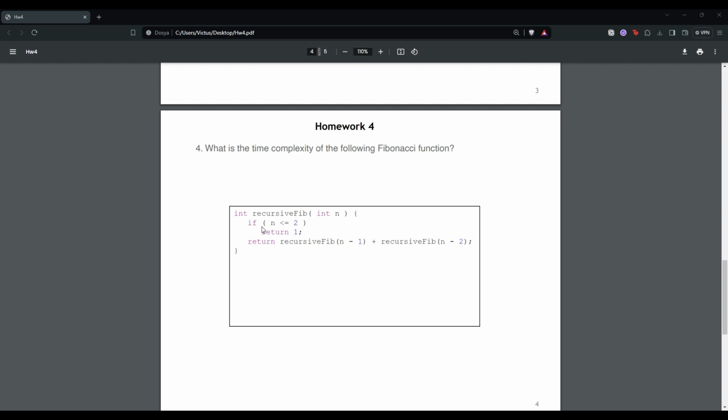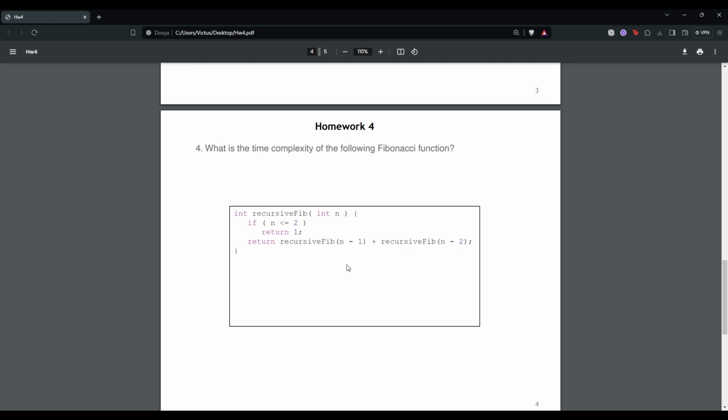This is because each call to recursive fib generates 2 more calls, leading to a binary tree structure of function calls.